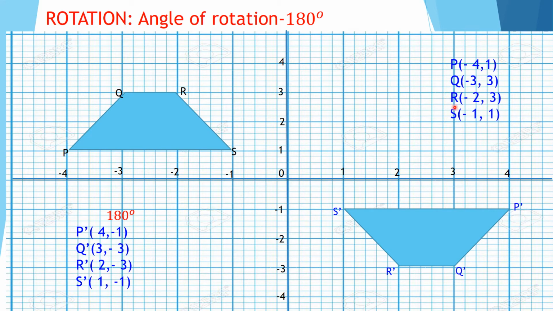If I negate my R, I'll have 2, minus 3. And if I negate my S, I will have 1, minus 1. And this is the image of this rotation. So try it out and you will get the same result. So this is rotation of angle 180 degrees. Thank you.